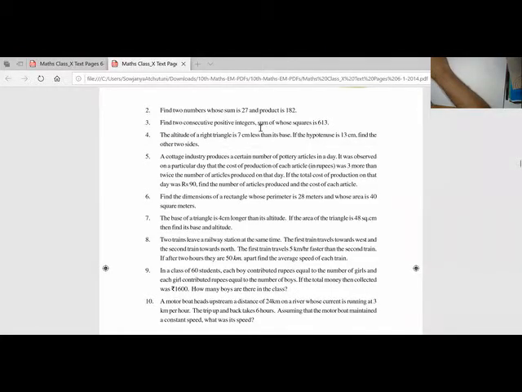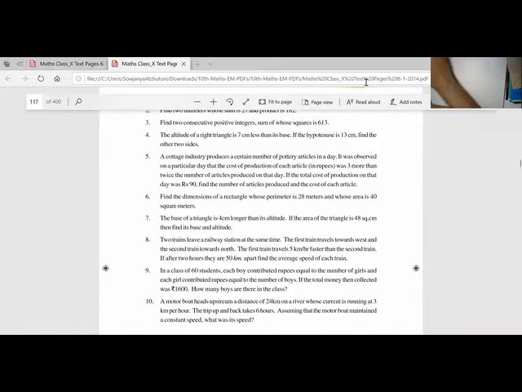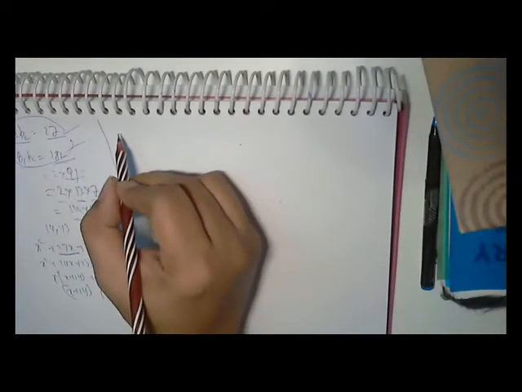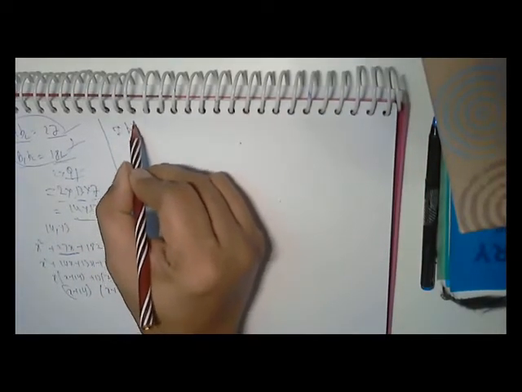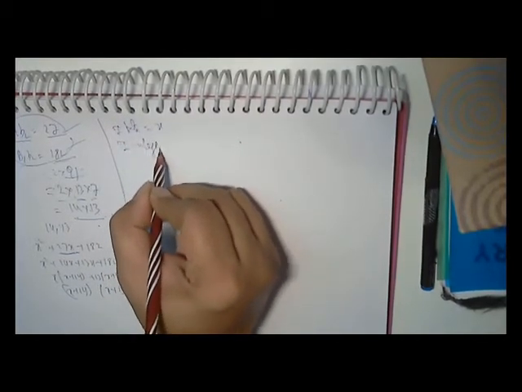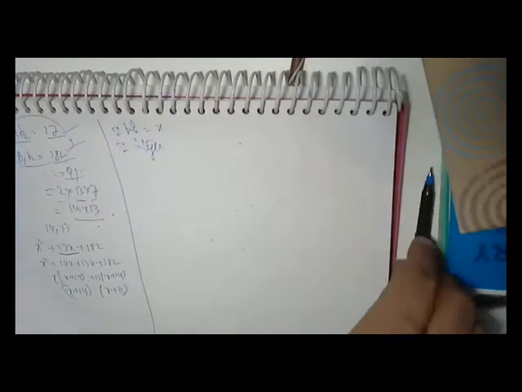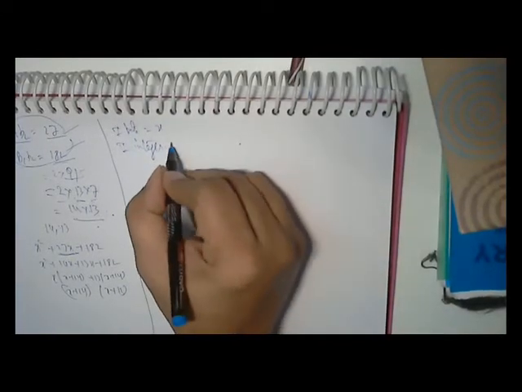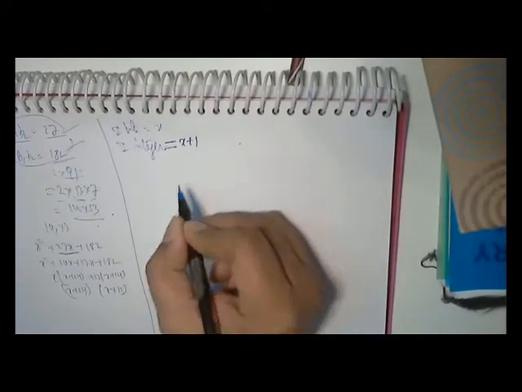Find two consecutive positive integers, the sum of whose squares is 613. So let the first integer be x, then the second integer is equal to x plus 1.